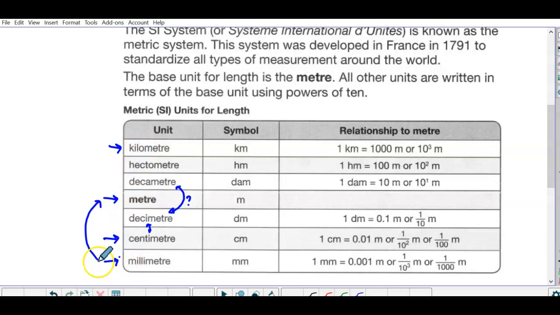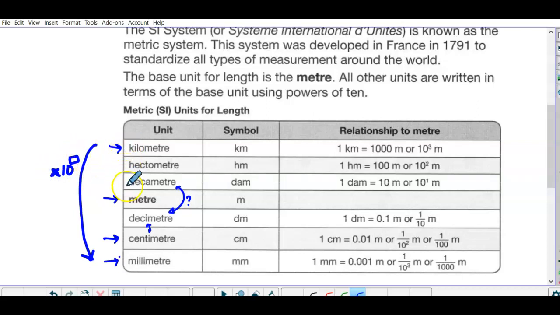If we wanted to convert kilometers to meters or centimeters or millimeters, we'd be going down. And as we go down, we're going to multiply by some power of 10. That's my multiplication symbol, by 10 to the something.